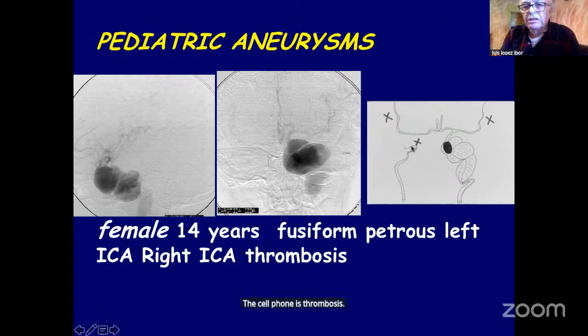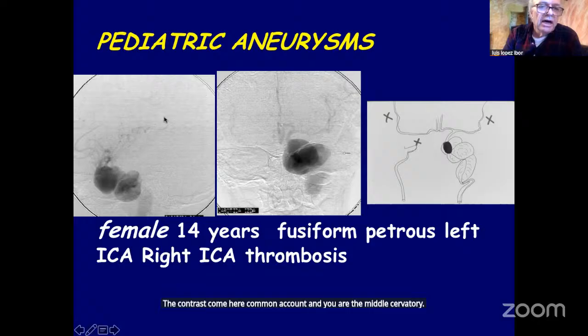The carotid on the right side only fills the ophthalmic. Two external-internal bypass anastomoses treated for this patient didn't work. Look here, the contrast comes here through the communicating artery, and you see the middle cerebral artery. You don't have the posterior circulation.